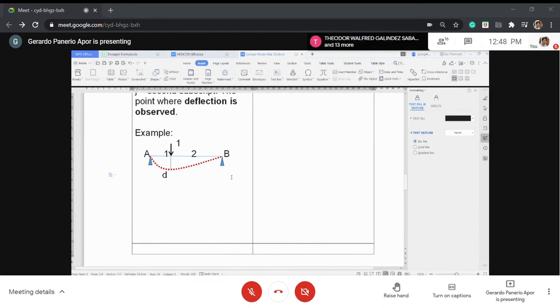Per subscript, where the load is being applied is at 1, where the deflection is being observed is at 1 also. So this is what we call delta 1 1. Okay. This one is delta 1 2. Okay. I will change this with a small letter. Because it's unit load, I use this letter.